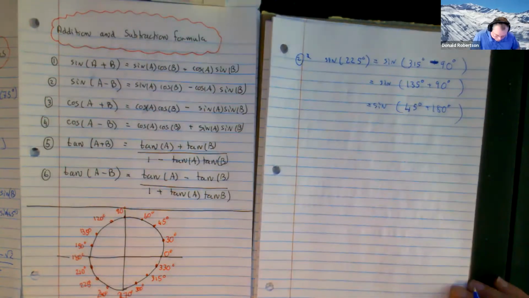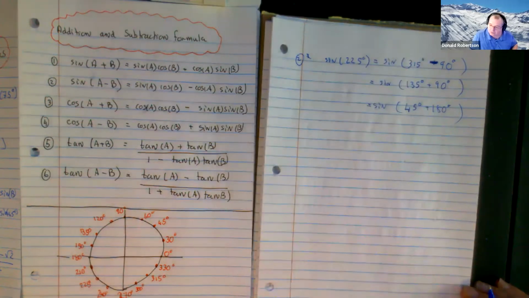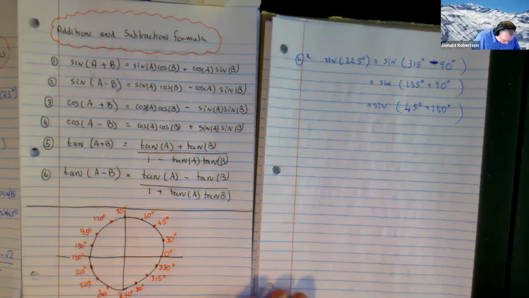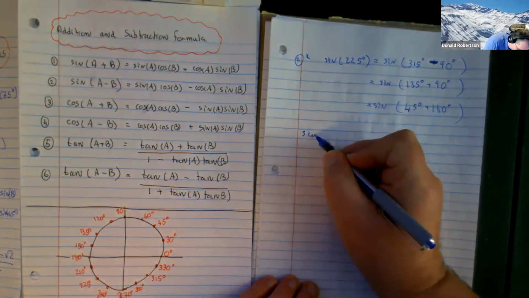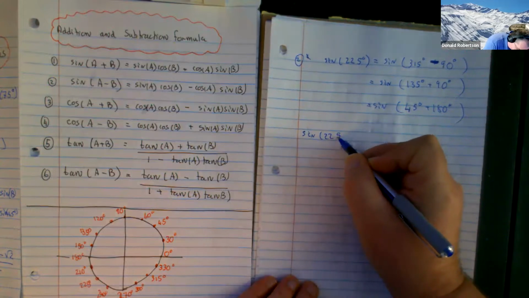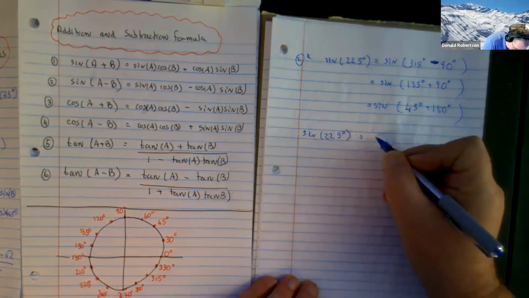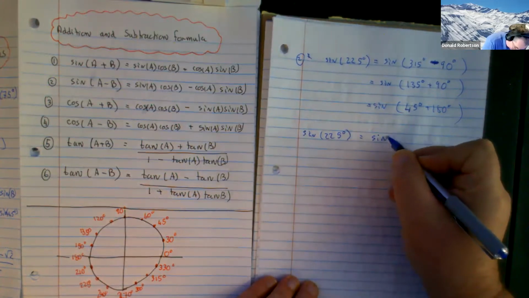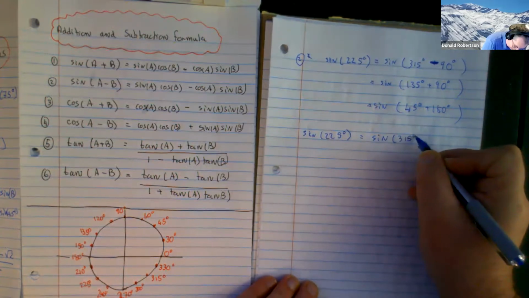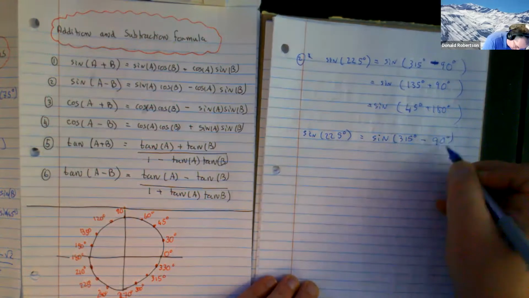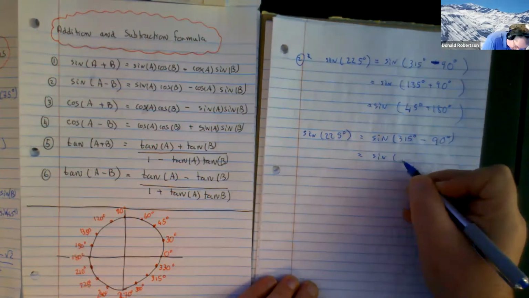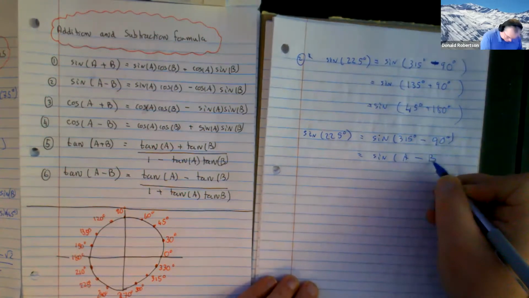Okay, it doesn't matter which one of those three we pick, right? Because if you get one that works, you're going to get the right answer. Let's do the subtraction one. So the sine of 225 degrees is going to be the sine of 315 degrees take away 90 degrees. So that's essentially going to be the sine of A take away B, right?